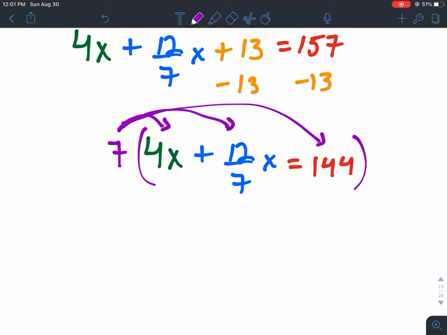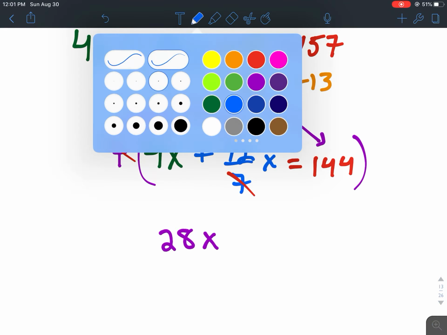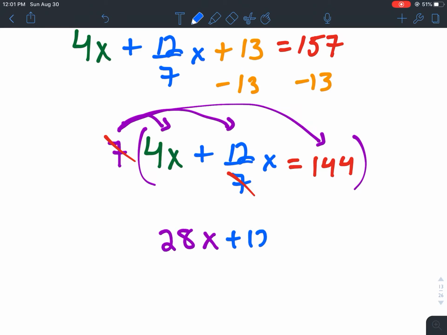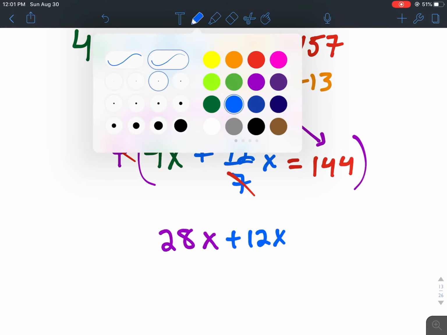So 7 times 4 is 28x. And here's the most important part, the main reason why we multiply by 7: 7 times 12 over 7 gets rid of the denominator. So now we're just left with 12x.